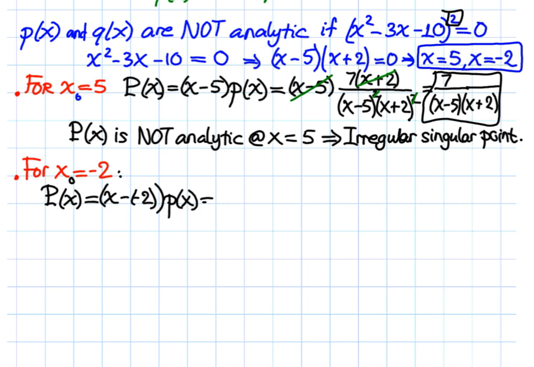So we have x plus 2 times 7x plus 2 over (x minus 5) squared times (x plus 2) squared. We cancel the x plus 2 factors, and we have 7 over (x minus 5) squared.